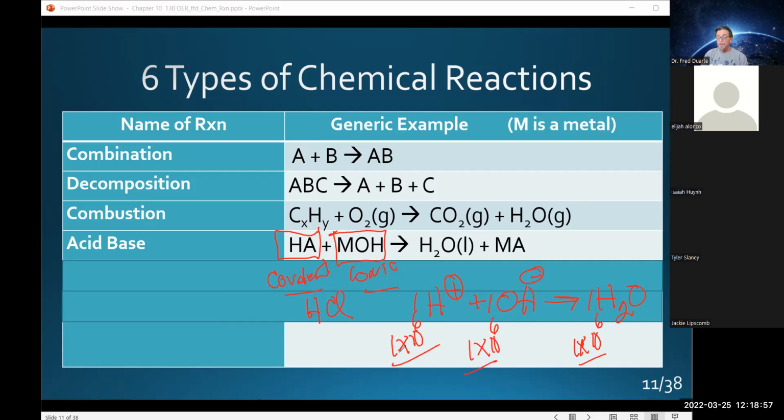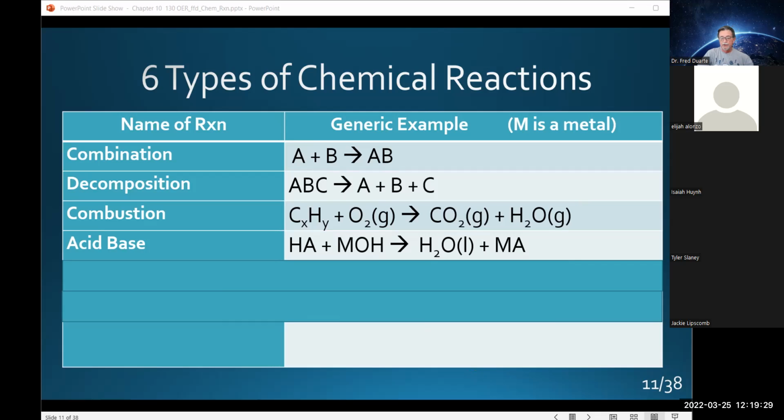So if I have 1 billion protons, I need 1 billion hydroxides, and it will give me 1 billion waters. And I state that because when it comes to balancing an acid-base reaction, my suggestion is follow the proton and the hydroxide. Follow those, get those balanced, and the rest just falls in place. And we'll have a few examples of that.